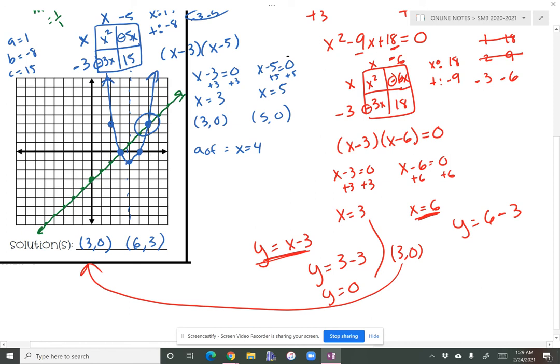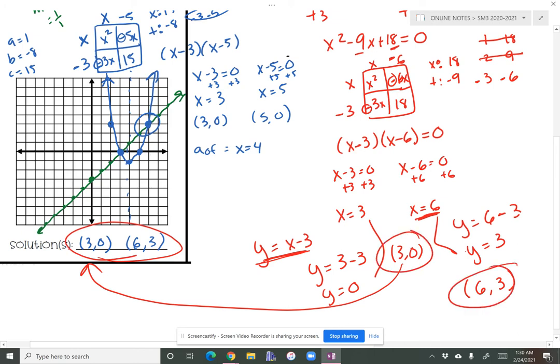Okay. And I get y equals 3. It gives me the point (6, 3). So I know I graphed it and showed you that that was the answer. And then I did it with algebra and showed that those are the answers.